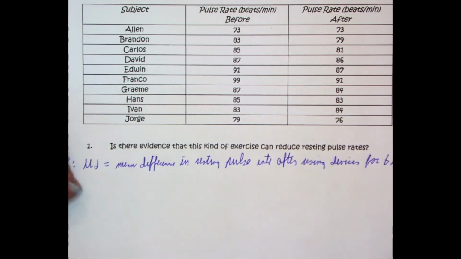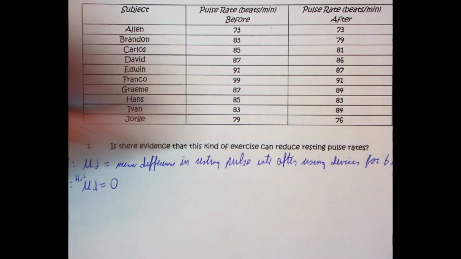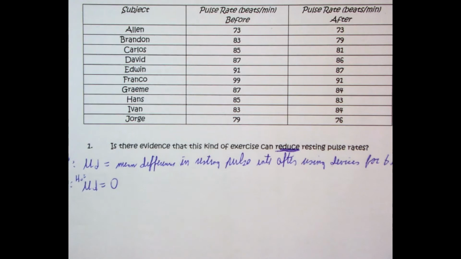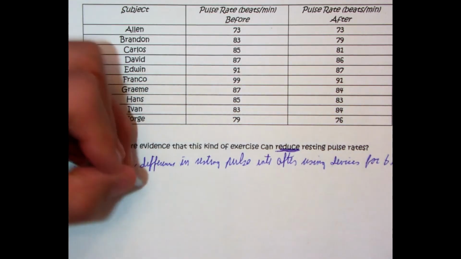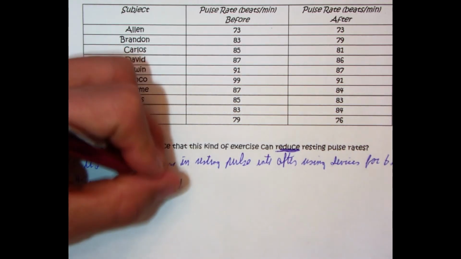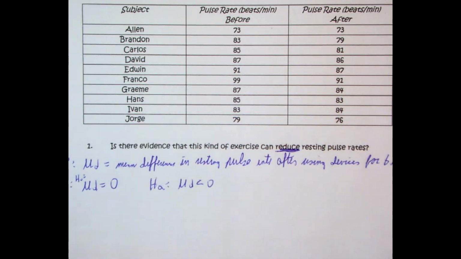Our assumption, this is H sub 0, is that the difference does not change. Now, what do we want to see happen to pulse rate if it's effective? Well, they gave us the answer right here. We want to see if it reduces pulse rate. So the alternative is going to be that mu sub d is less than 0.